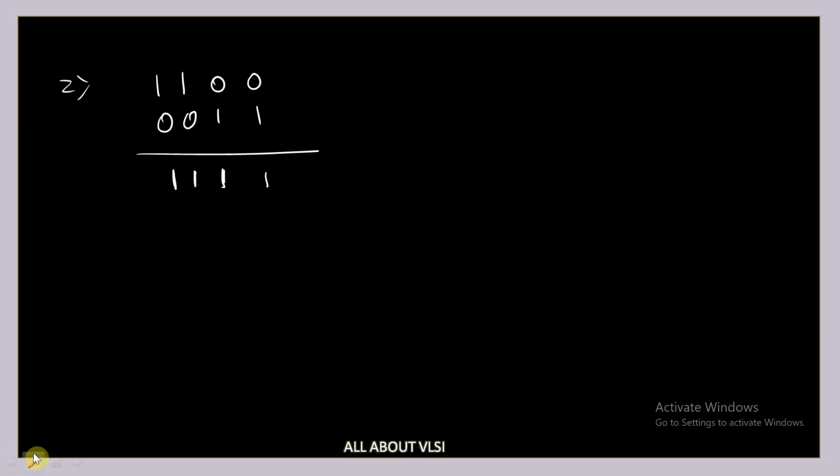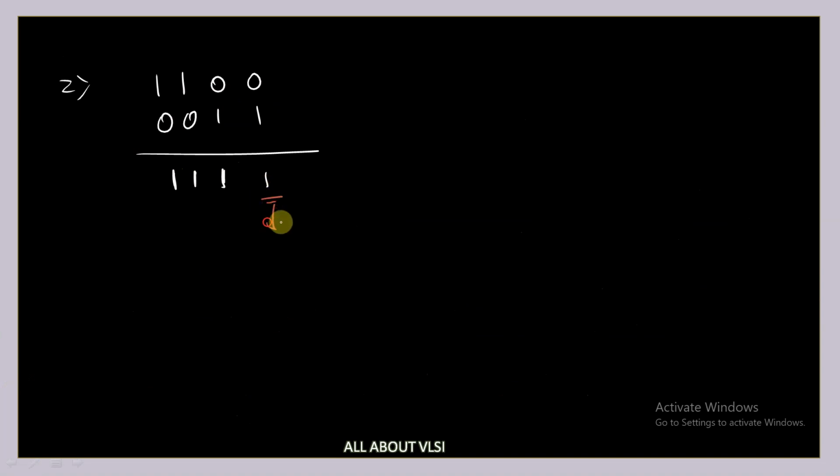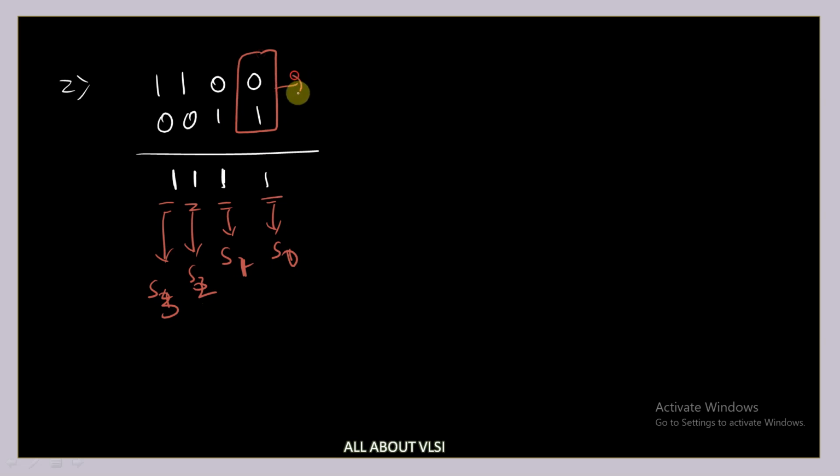I will write it with another color. So this is our sum S0, this is S1, this is S2, and this is S3. One full adder, that is FA0, is making this operation, and we get a carry which is propagated to the next stage.